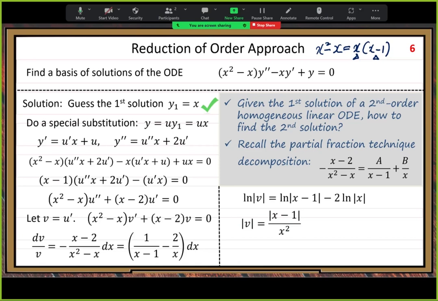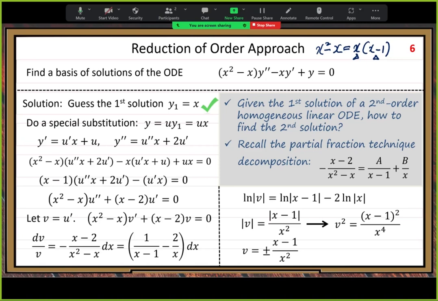Absolute value, we want to remove absolute value, right? Not convenient. To remove it, we need to consider. One way to remove is to take the square of both sides. It's gone, right? One way to remove the absolute value sign is taking the square. From the square root, we have plus minus, two versions.